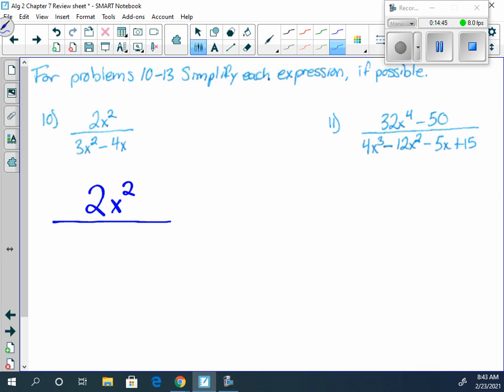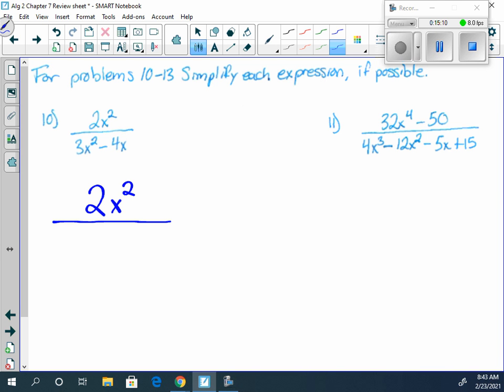Now, when I look at the denominator, 3x squared minus 4x, we need to see, is there a factor that we can factor out? Now, I'm not going to say setting up 2 sets of parentheses and factoring it that way, because we only have 2 terms, and one of them is not a constant term, a number by itself.